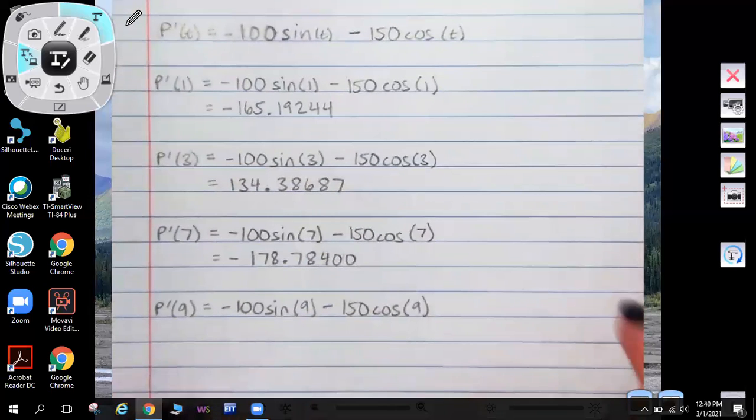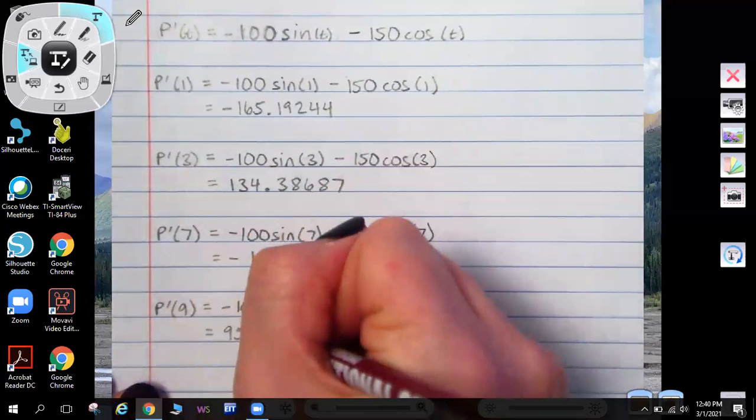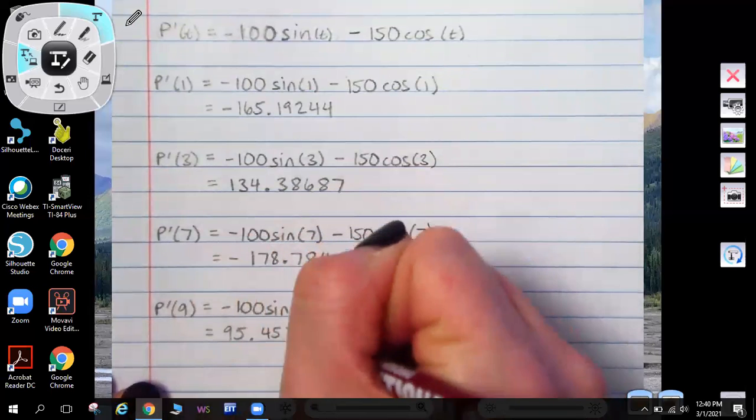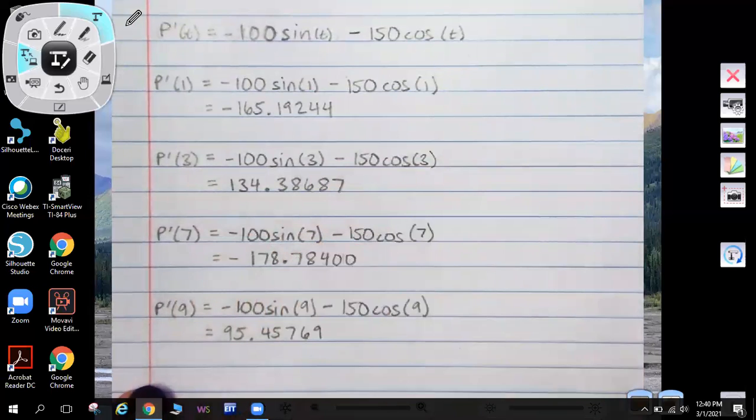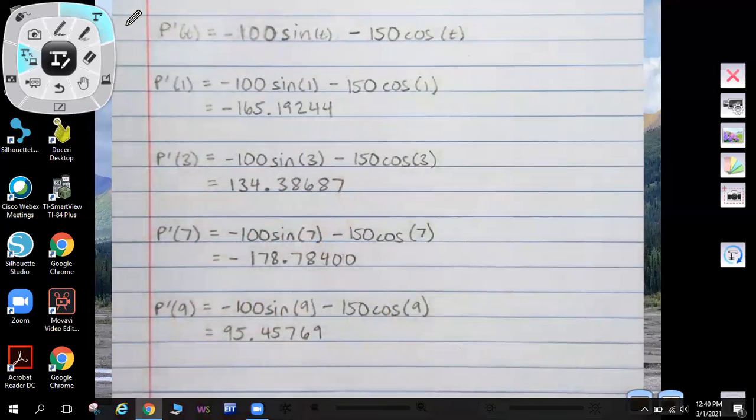Our last interval. We do get a positive 95.45769. This is the end. We just have to write our answer now. Only took us 5 days to finish.